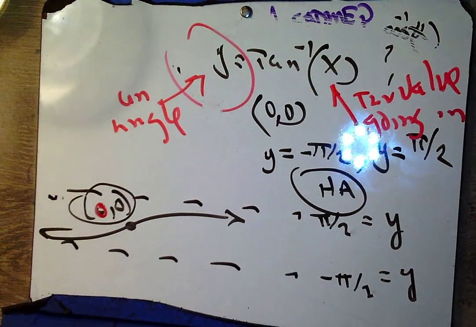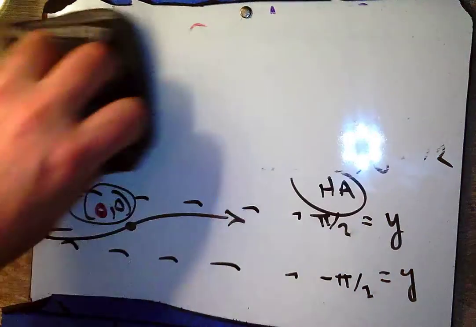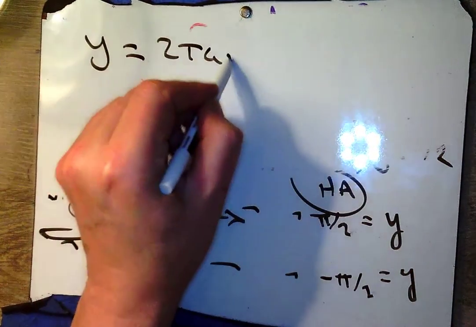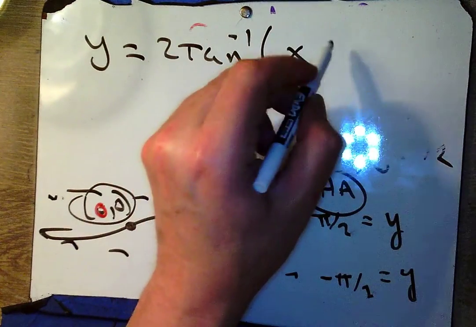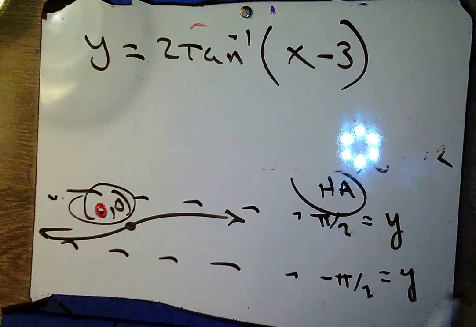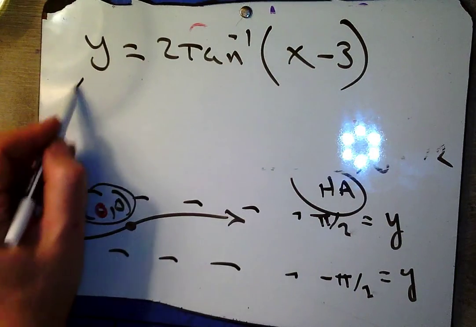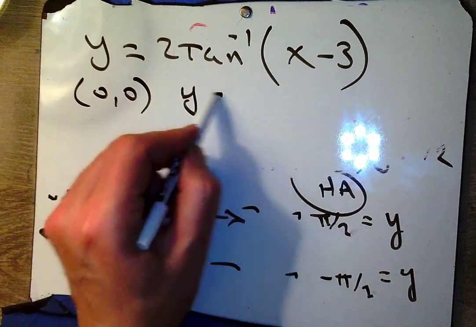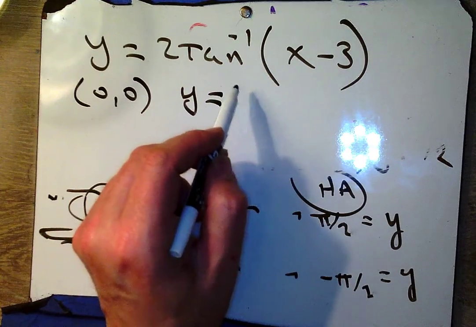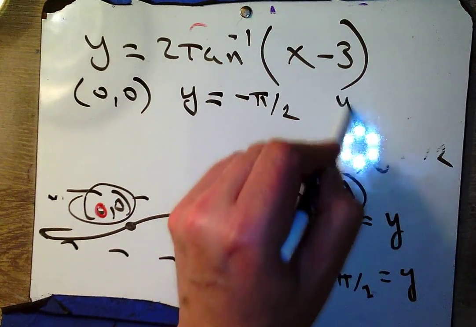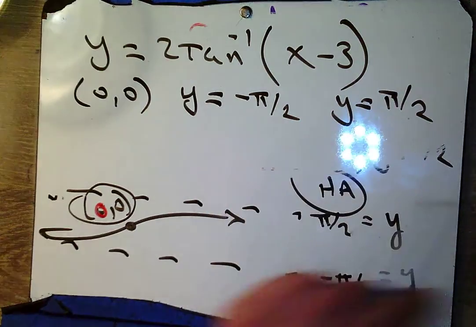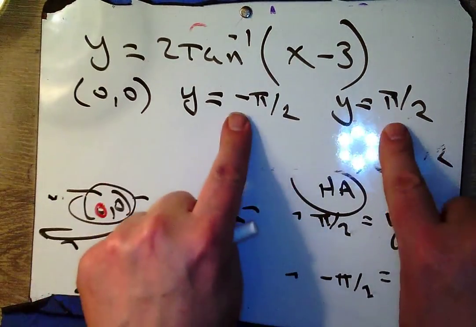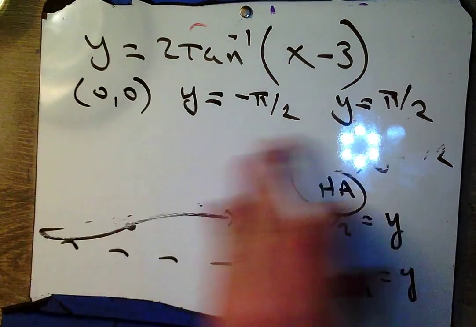So when I look at something like y equals 2 tangent inverse of x minus 3, I think, okay, I've got one ordered pair, and I've got y equals negative pi over 2, and y equals pi over 2. These are my reference point and my reference horizontal asymptotes.